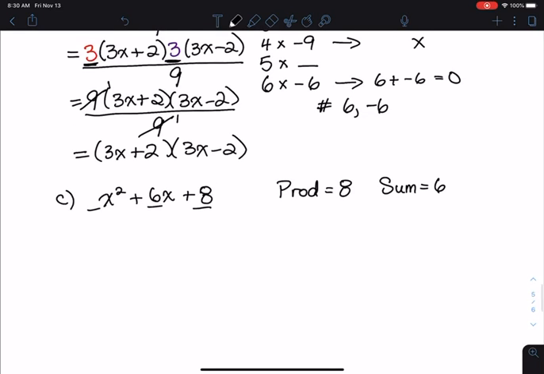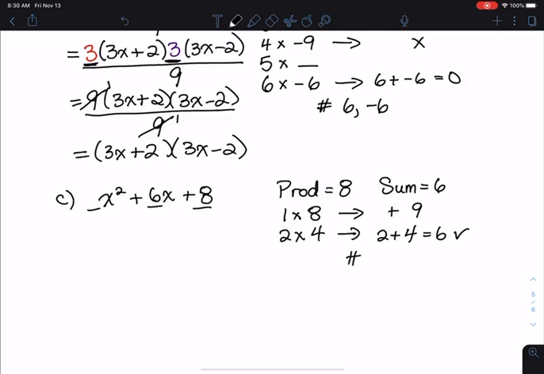Okay, systematic. 1 times 8. That adds to 9. That's not what I need. 2 times 4. 2 plus 4 is 6. So those are my numbers. So my numbers are 2 and 4.